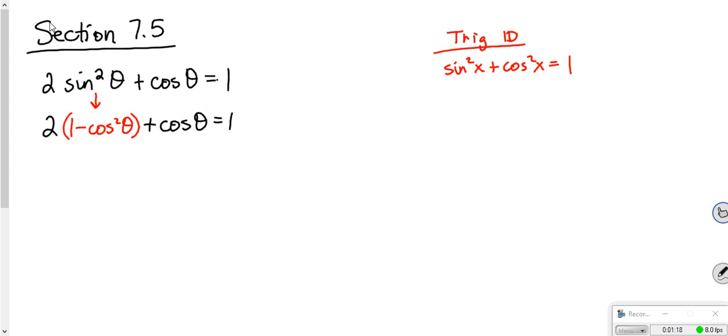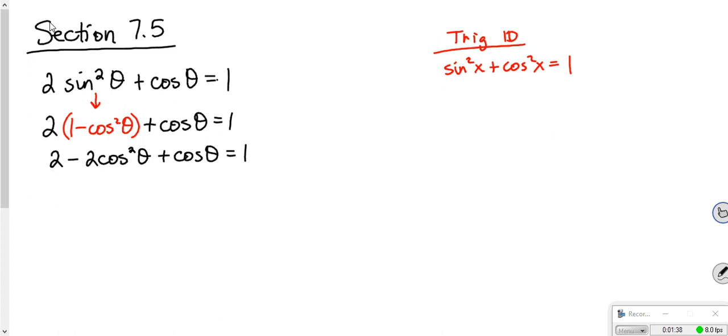So then if I distribute, I have 2 minus 2 cosine squared plus cosine theta equals 1. Then subtract your 1, pull it over.